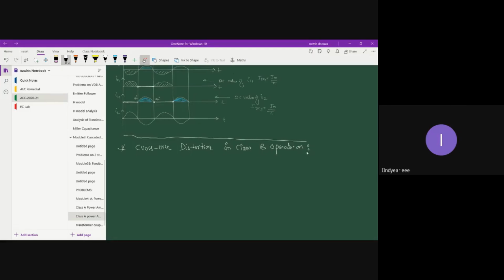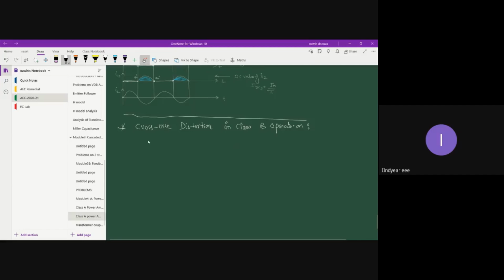That's the reason this particular concept is being dealt with separately. Now, what is crossover? The broad meaning of crossover is the zero crossover of the input signal. That means whenever the input signal is crossing the zero value, the output will have some kind of distortion. Okay, so let us dig deep into this.